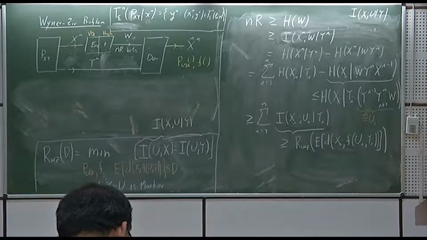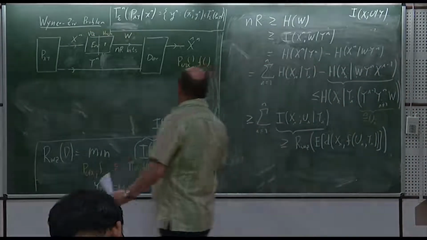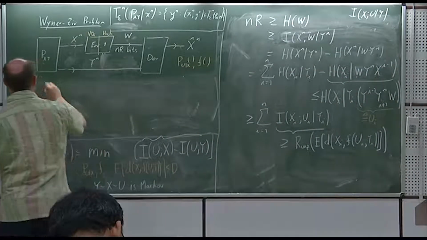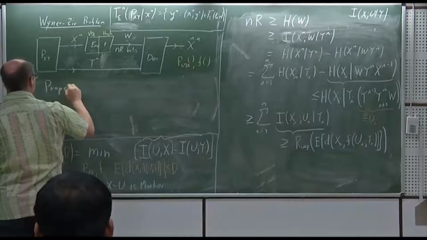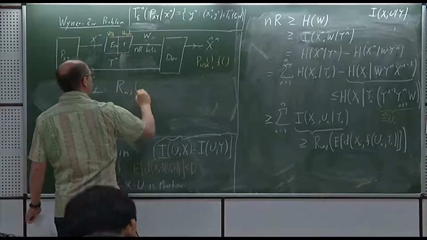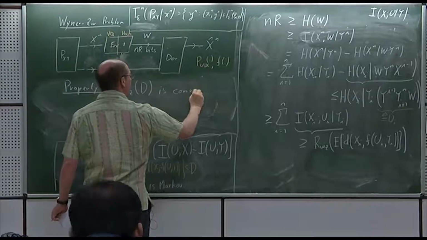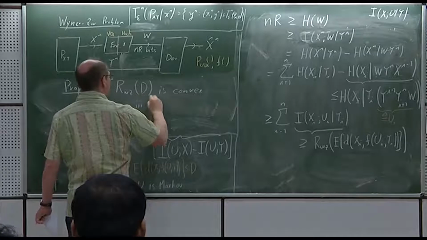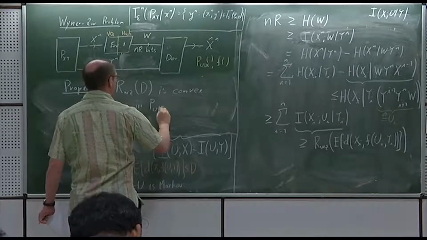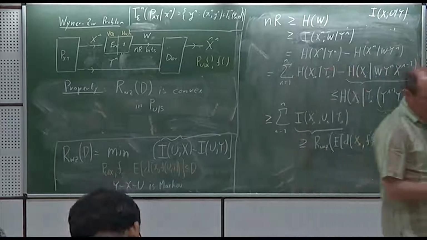Now, there's one thing I need, which I didn't mention. I do need a property of this function, which we're not going to prove. And that turns out to be interesting. It's not so obvious how to prove this, but it turns out this is convex in D, if f is fixed.